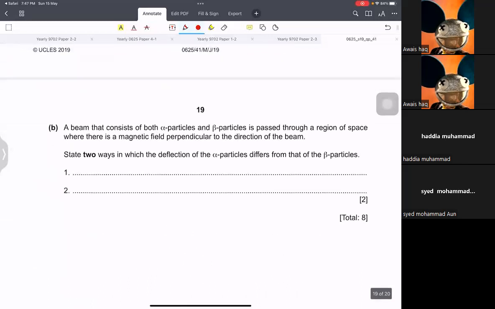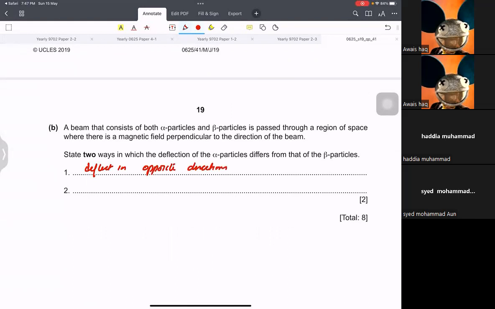Now, a beam that consists of both alpha particles and beta particles passes through a region of space where there is a magnetic field perpendicular to the direction of the beam. State two ways in which the deflection of beta particles differs from alpha. One, they will deflect in opposite directions.